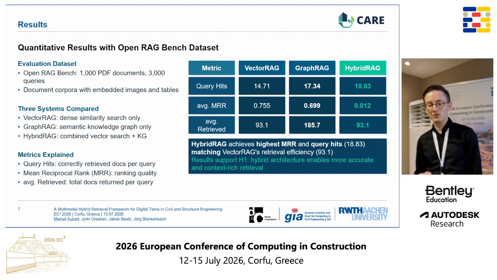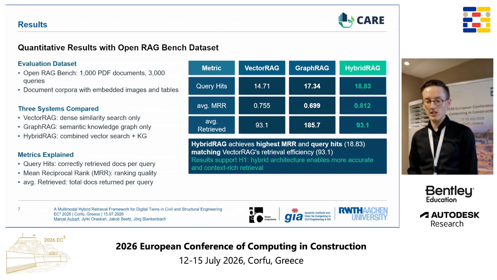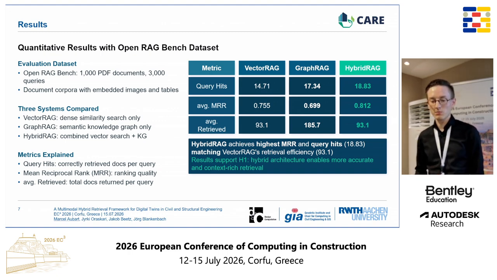And you can see that the hybrid RAG improves in every category. It improves on query hits, like correctly retrieving the right document for the query, with 18.83 hits on average. And then we have the mean reciprocal rank, which is the ranking quality, showing whether the best document is on top of our search.